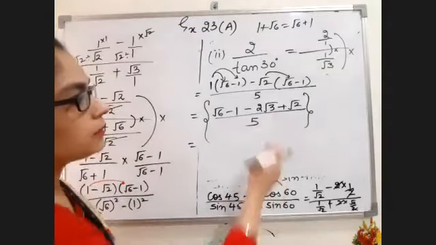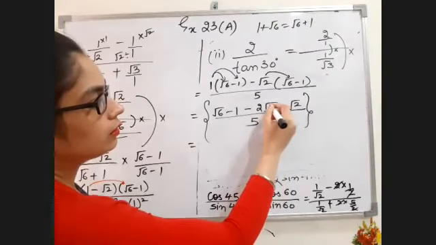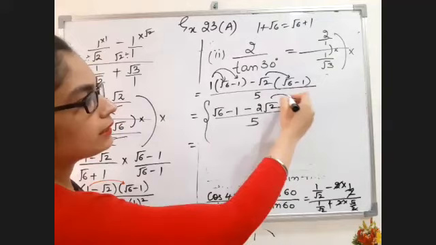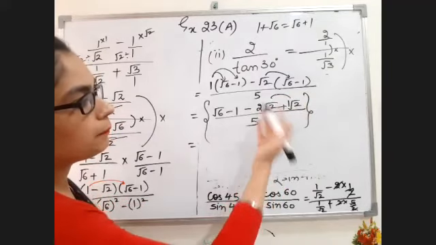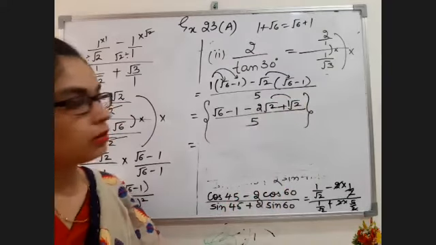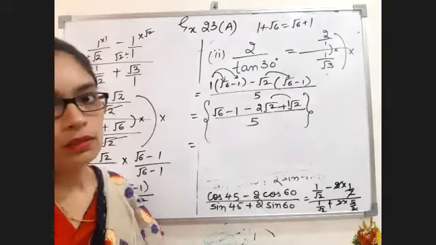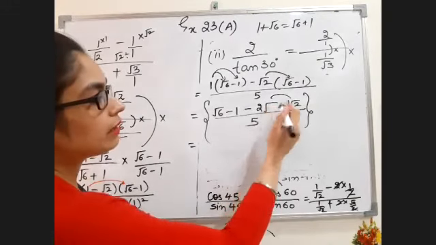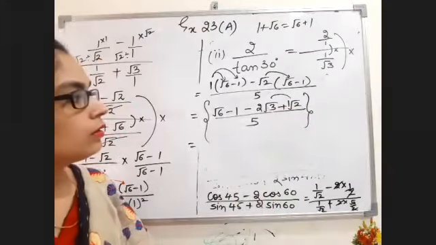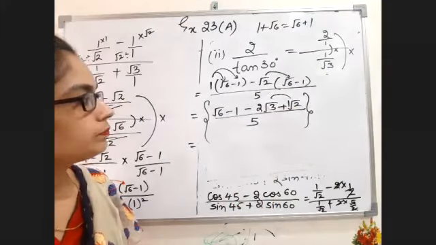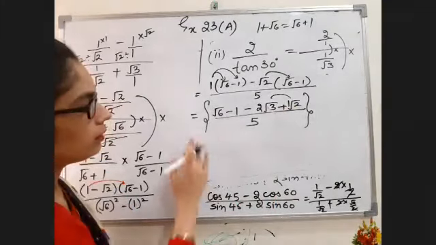See, if like terms are there, suppose here root 2 is there, then they can be solved: minus 2 plus 1 will become minus root 2. So they can be solved further. If there is no like term, we have to leave it here itself.